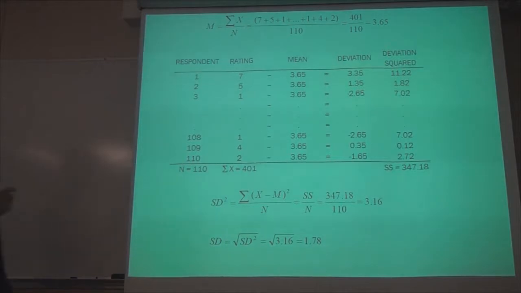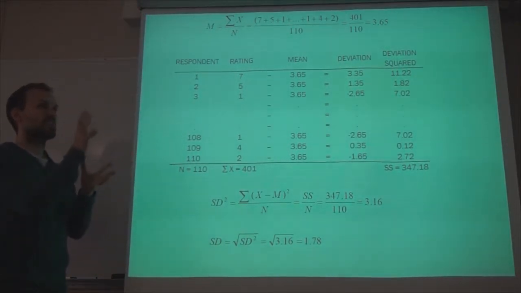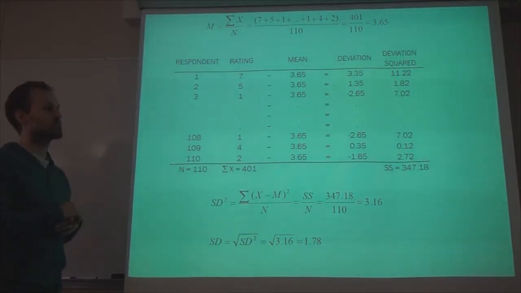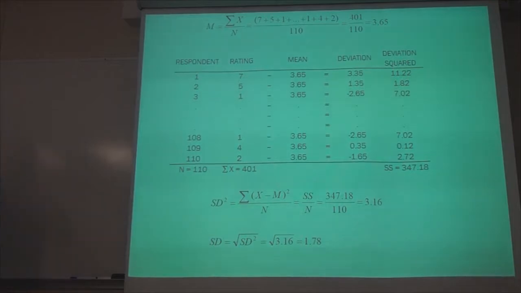So the mean was a measure of the location. Where is the center? Where's the balance point of the distribution? The standard deviation tells me how things are spread around the mean. A high standard deviation, and I get values on either side. It fluctuates much more. A small standard deviation, and everything is just sitting around the mean.